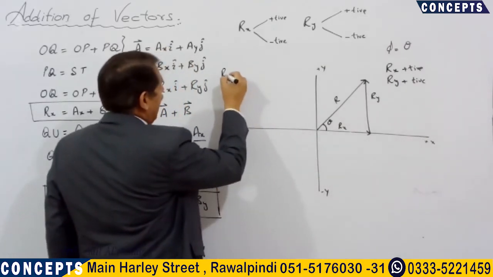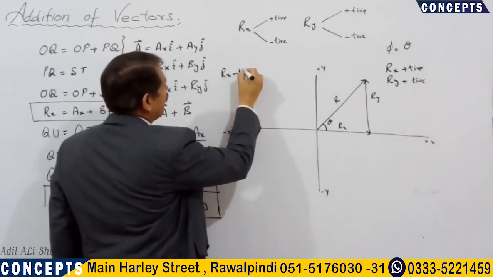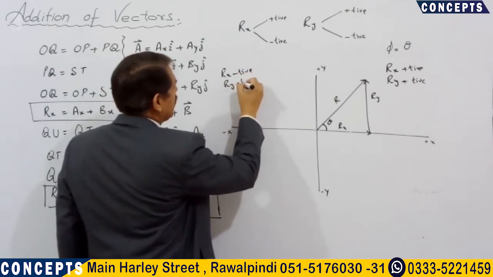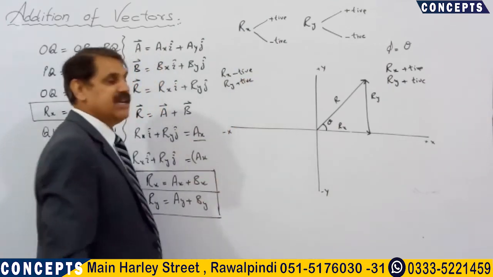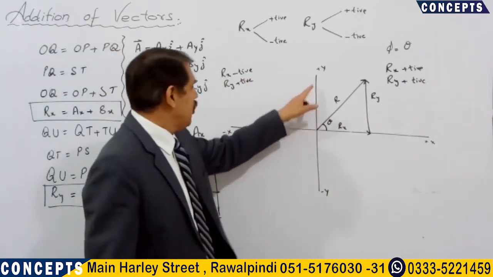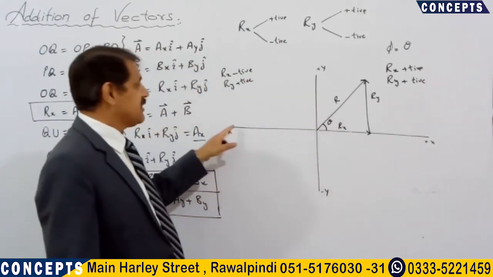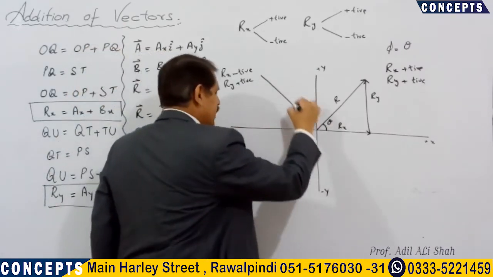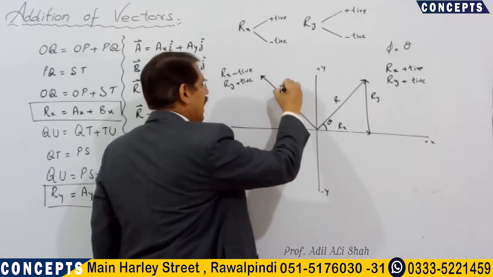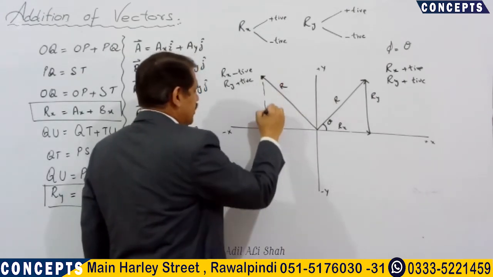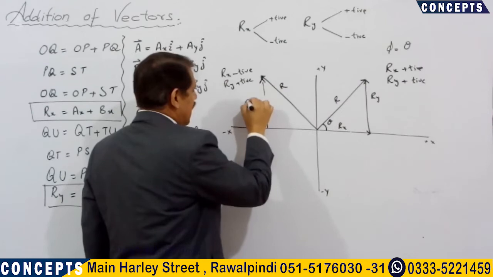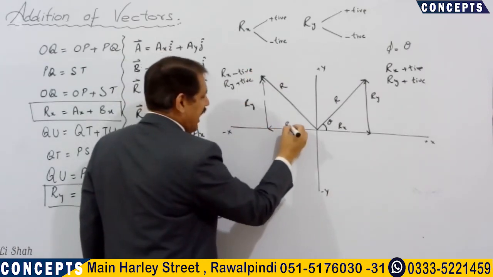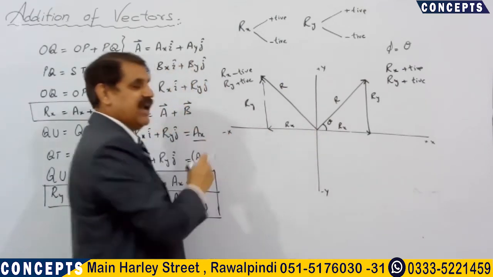If Rx is negative and Ry is positive, what does it mean? It means that your quadrant is the second quadrant. You can see that if this is the resultant vector R, and we resolve it into its components, this is Ry, which is along the positive axis, and this is Rx, which is along the negative x-axis.